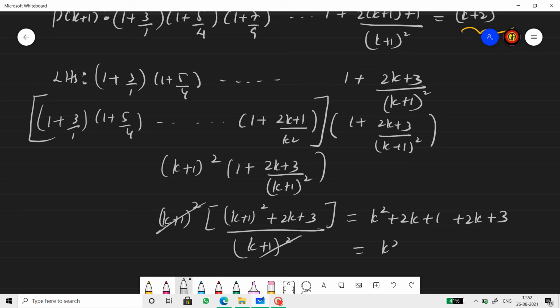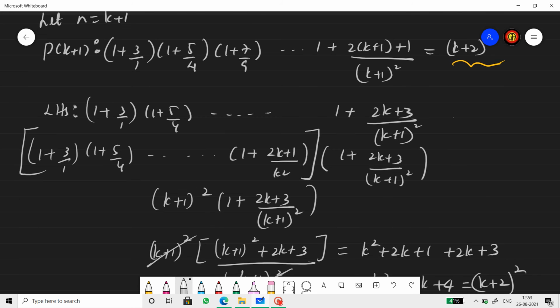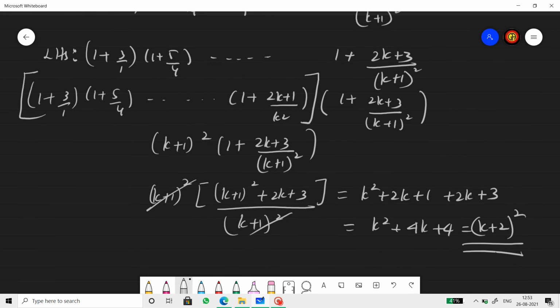So that is k square plus 4k plus 4, which is nothing but k plus 2 the whole square. Isn't it? So we got the RHS. Correct? So that's it. This is type 2, where the kth term sum will be added with the k plus 1th term value. Clear?